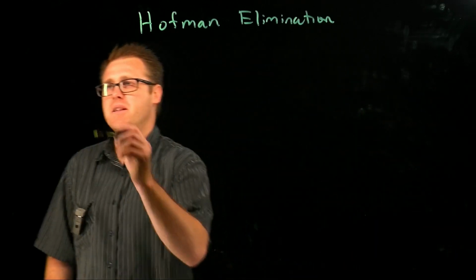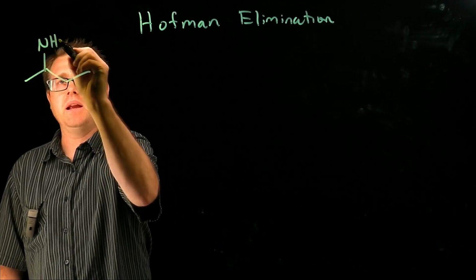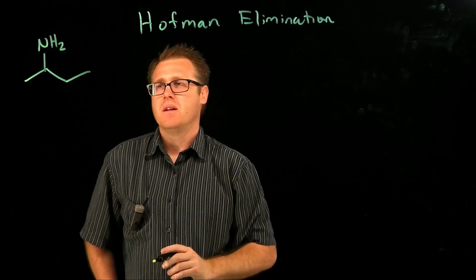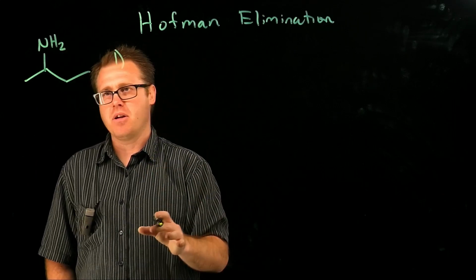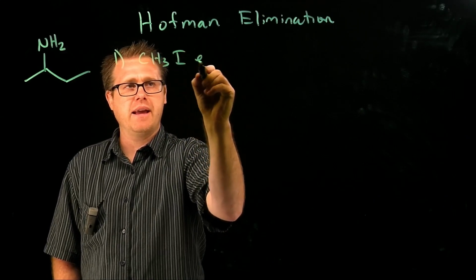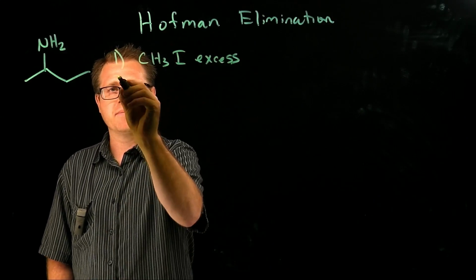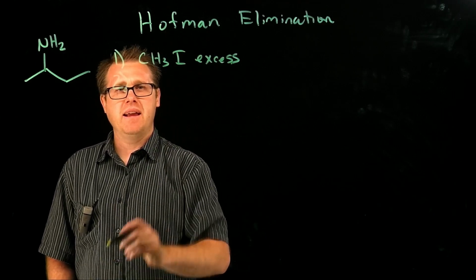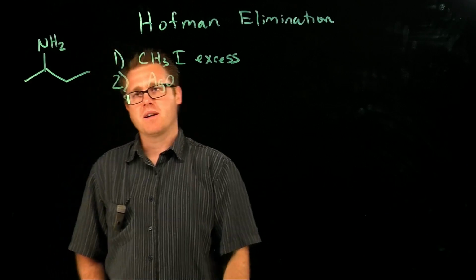In a Hofmann elimination, we have an amine and we treat it with three different processes. We treat it with an excess amount of methyl iodide. And then we take that and treat it with silver oxide.